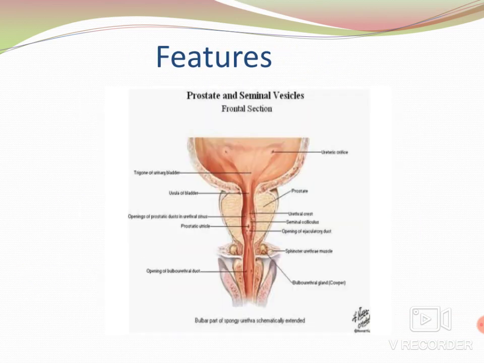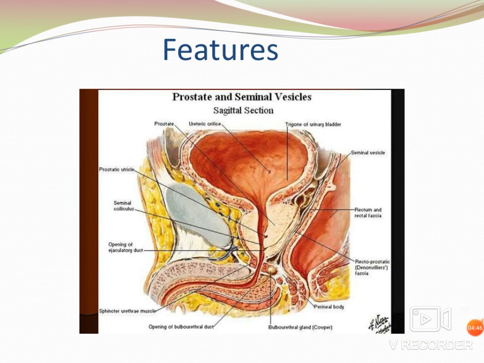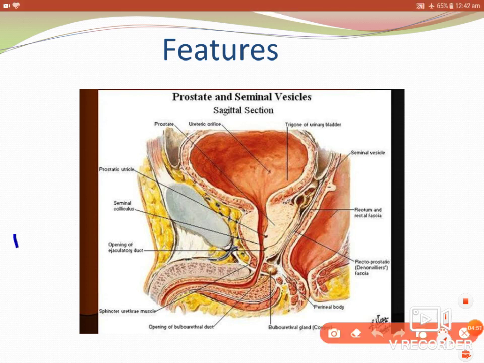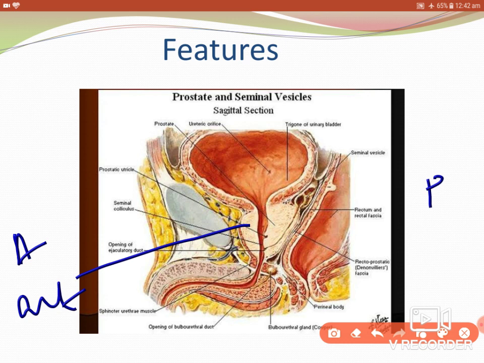Then coming back to the first figure, here this is the anterior, this is the posterior. This is the anterior lobe. Here you can see the ejaculatory duct opens into the prostatic urethra. Then there is a diverticulum of the prostatic urethra called the prostatic utricle.